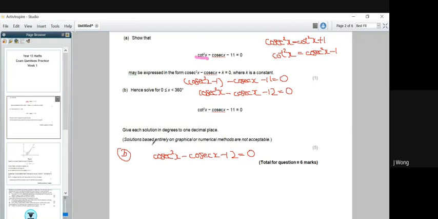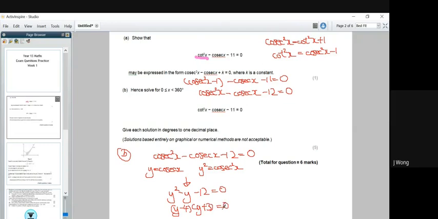If you let y equal cosec x, that turns into y squared minus y minus 12 equals 0. You don't need to do that if you could factorize it nicely by looking at it this way, but I'll just do it anyway. So y equals cosec x, which means y squared is cosec square x, and the equation turns into y squared minus y minus 12 equals 0.